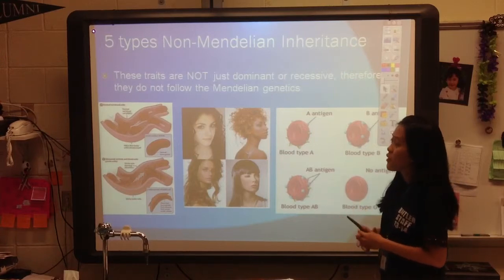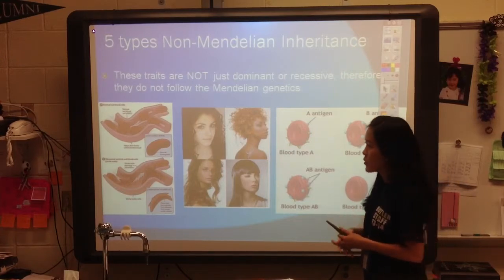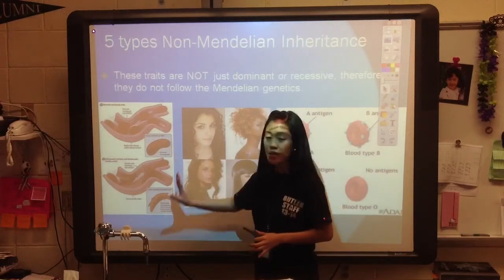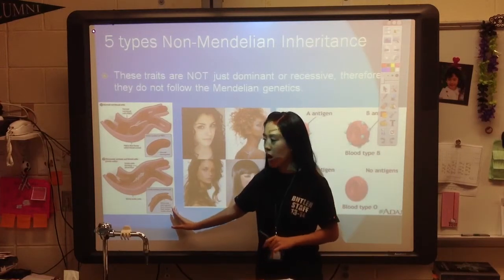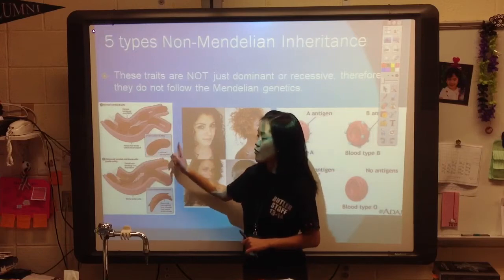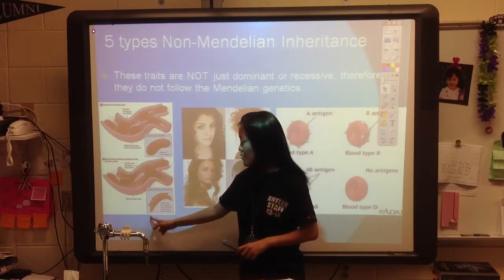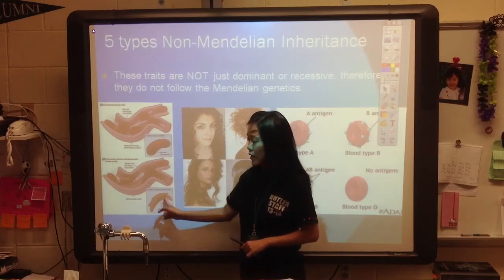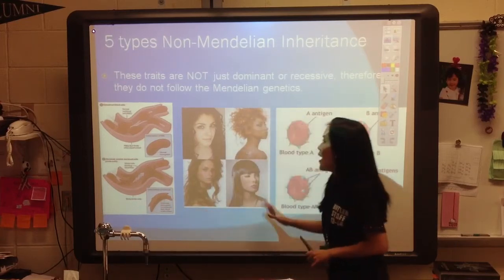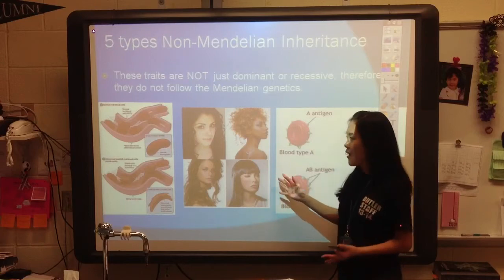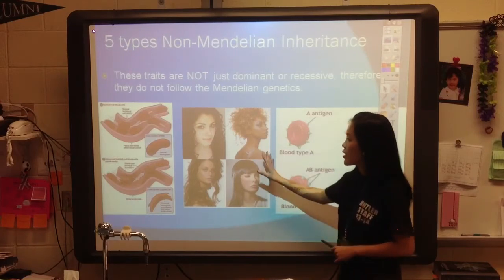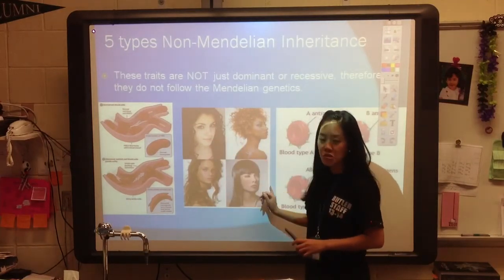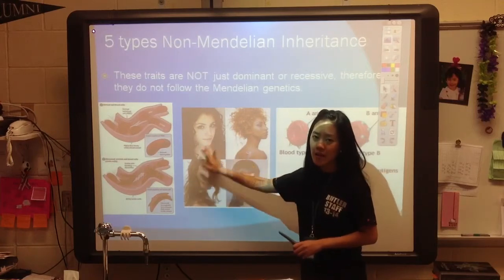Some traits that don't follow Mendelian genetics would be like sickle cell anemia, a disease that we'll talk about, where instead of having round red blood cells, you'll actually have red blood cells that are shaped like a sickle that you would use at a farm, or a crescent like the moon. Hair is probably not one of the best examples, but we are going to use hair, curly, straight, and wavy, as another example.